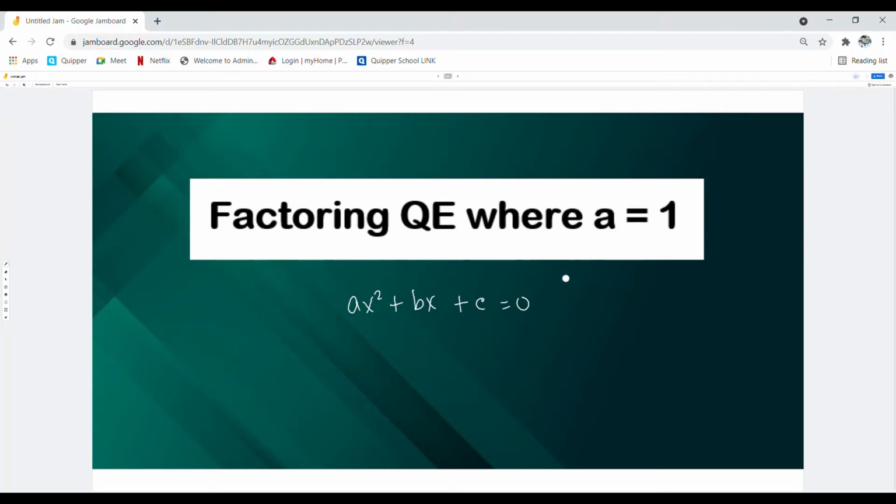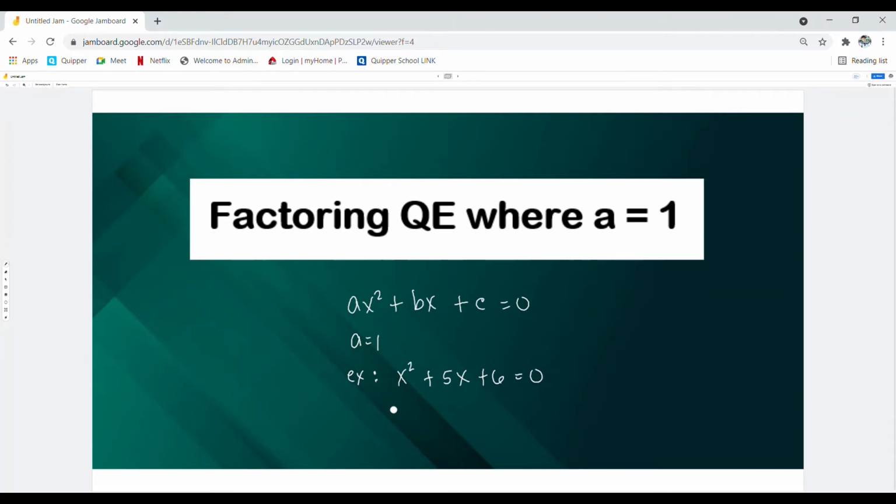So here it says we are going to factor a quadratic equation wherein a is equal to 1. So if a is equal to 1, we have an example like say we have x squared plus 5x plus 6 equals 0. Okay, that's an example of the quadratic equation that we'll be solving here. A is equal to 1.